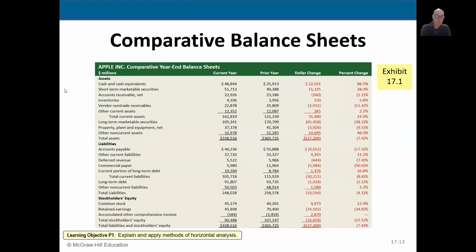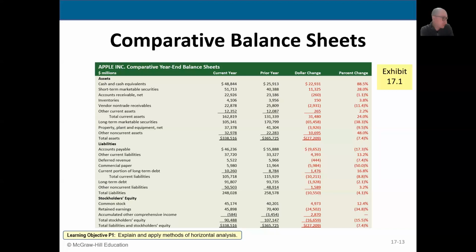Here we have a balance sheet for Apple. We have current year and prior year data on a balance sheet. Most 10K reports will only show you 2 years of data on a balance sheet, 3 years on an income statement. So here we go, the balance sheet. Current year minus the prior year.